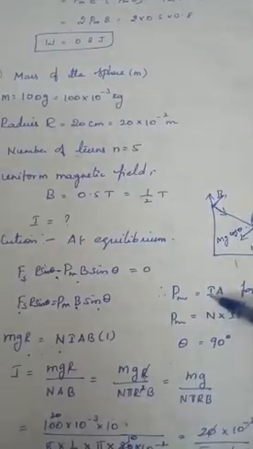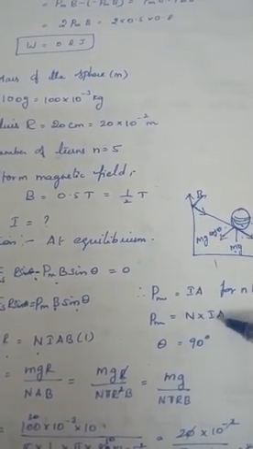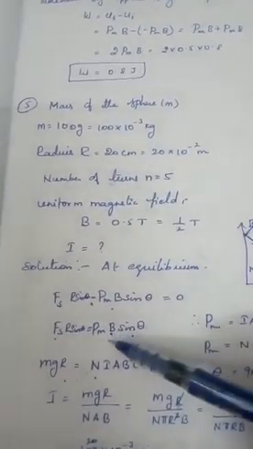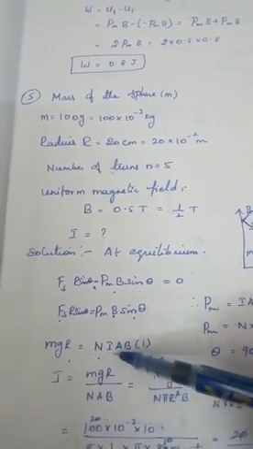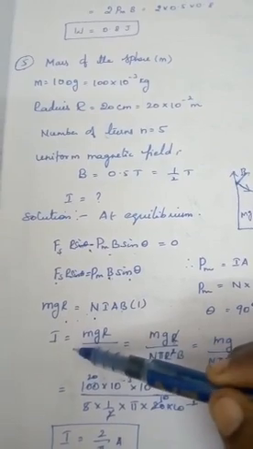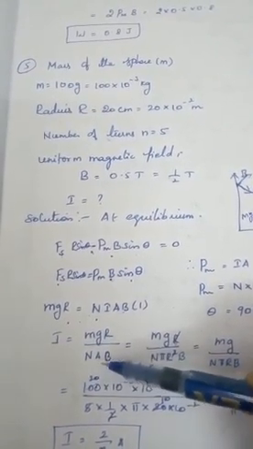Pm is equal to I A, and since the number of turns is also involved, N I A. So we cancel the sin theta, then substitute the value of N I A B, and then in these parameters we have to find the I value.